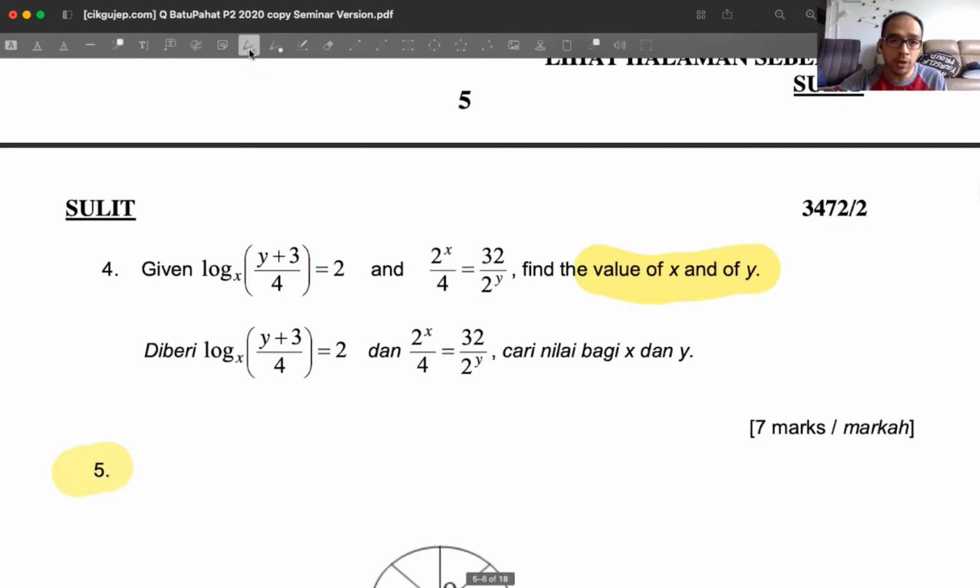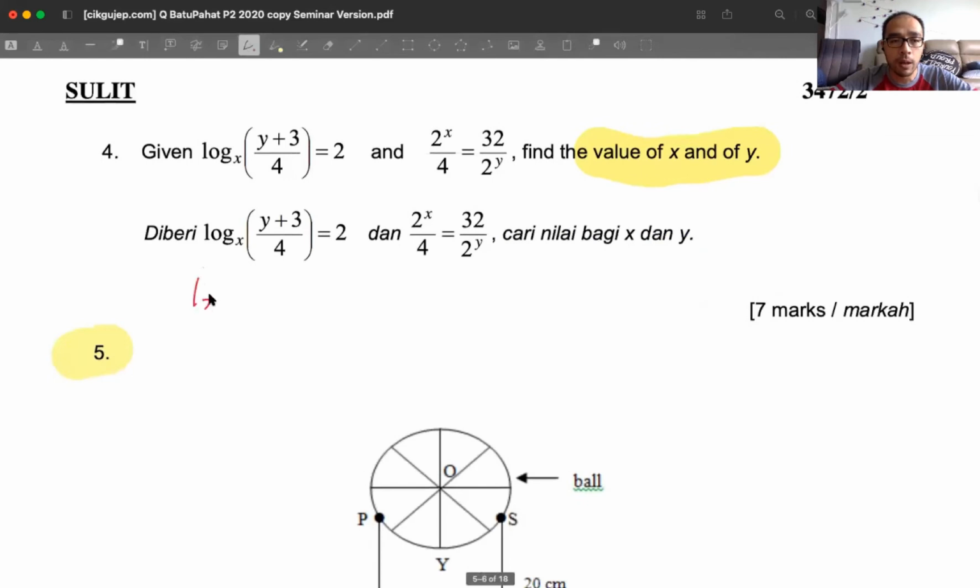Now in simultaneous equations, of course you have to build 2 equations. You have to start from there. So how do you build 2 equations is we have to use the log law, the laws of logarithms and the laws of indices. So let's try to do this lah. So you have log x, y plus 3 over 4 equals to 2.